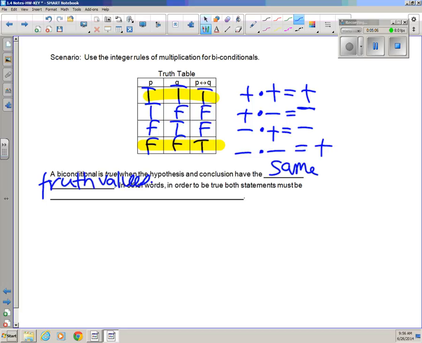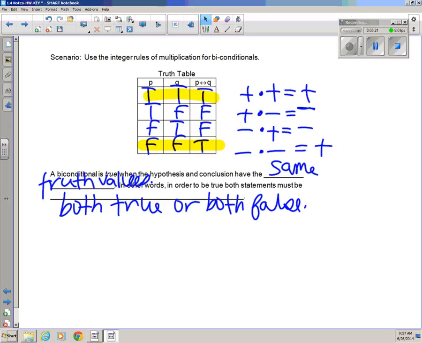Right? That should make a lot of sense. In other words, in order to be true, both statements must be both true or both false. It's like the rules when you multiply or divide, for that matter, signed numbers. Two positives is a positive. Two negatives is a positive. One of each sign is a negative. All right? Good luck on your homework.